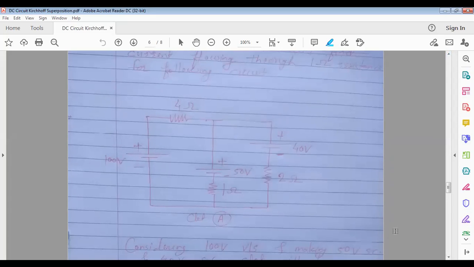Those who solved with 100 volt, with 50, post your answers in the chat box so that others can also cross-check whether you are getting the same, correct answer or not. All of you can share your answers in the chat box. Solve, everyone. Till then I'll scan this again and share the clear copy on screen.